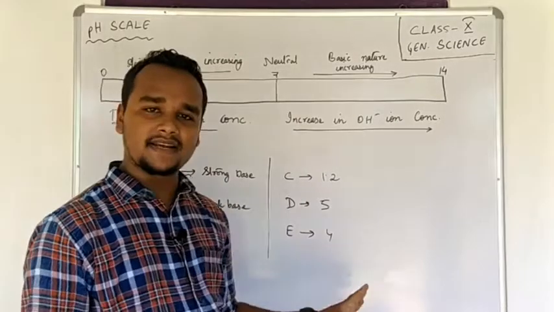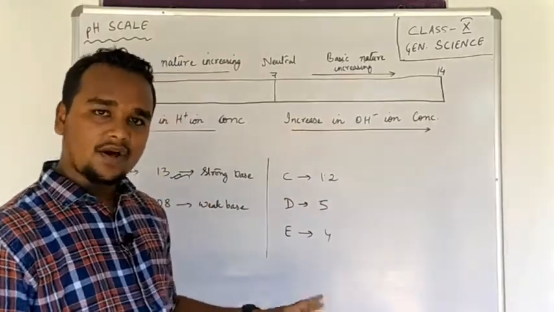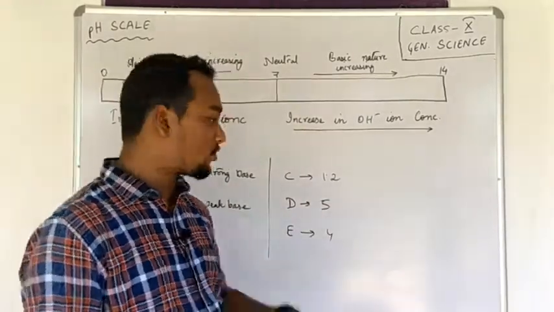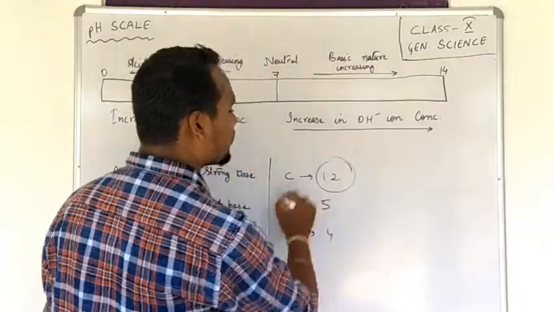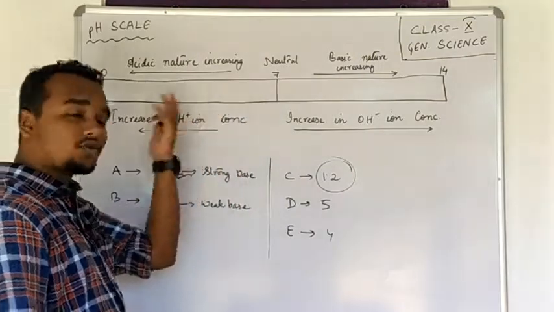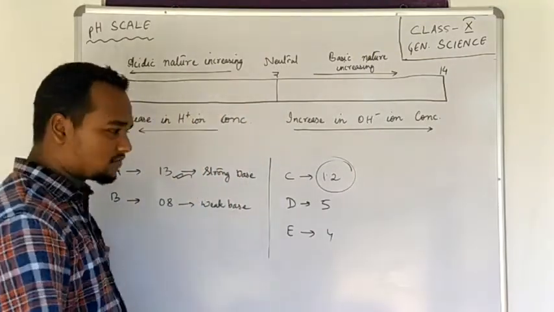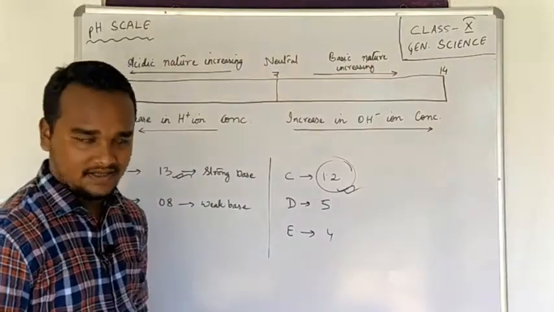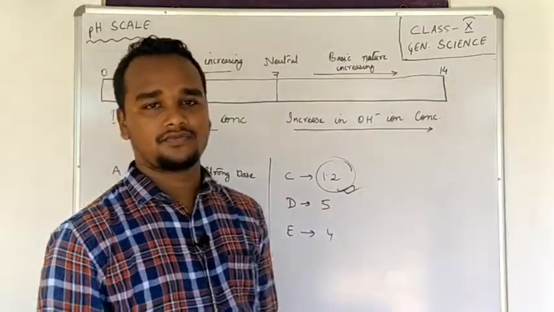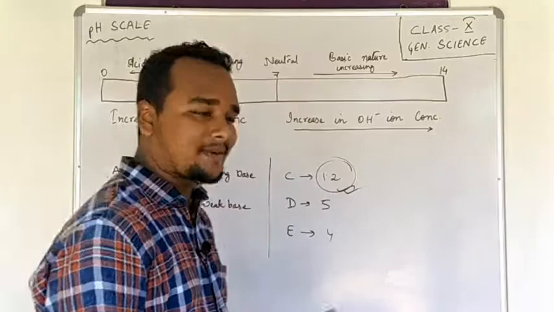So these three are acids. Now which among them is a strong acid? Since 1.2 is closer to 0, the acidic strength will increase. So C is a strong acid as compared to the other two. Is it clear, everyone? I hope you have understood the pH scale.